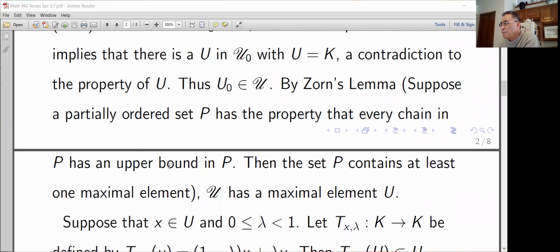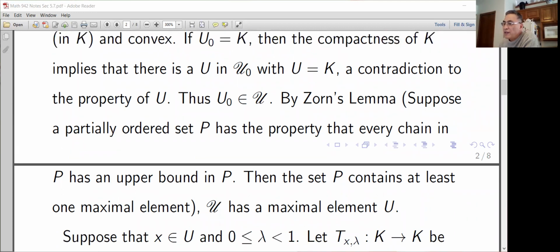Suppose x is a point in U, and lambda is a non-negative number less than 1.